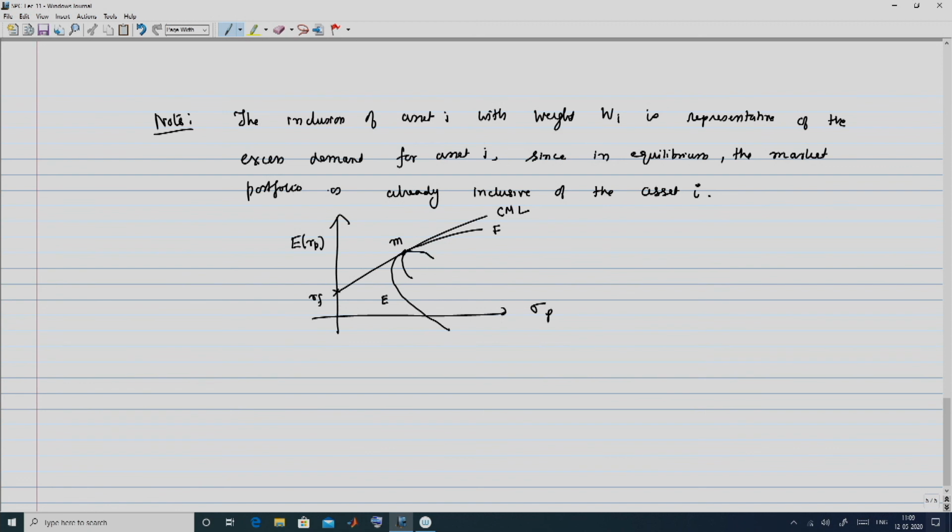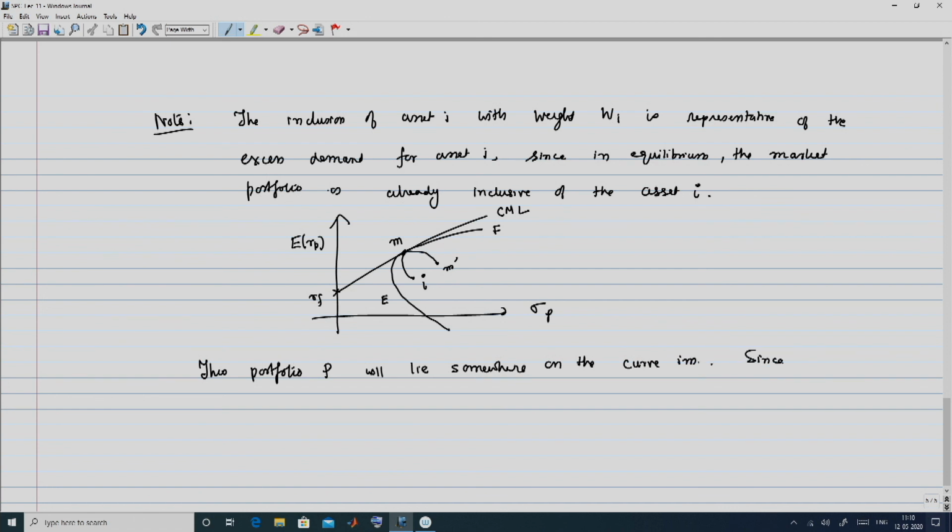I will indicate this asset I to be this point, and this is some portfolio M prime, which I will specify as I discuss the pattern of this curve I M prime. All right. So, now we can say that this portfolio P, which I have constructed with the ith asset in the market portfolio, will lie somewhere on the curve I M prime.